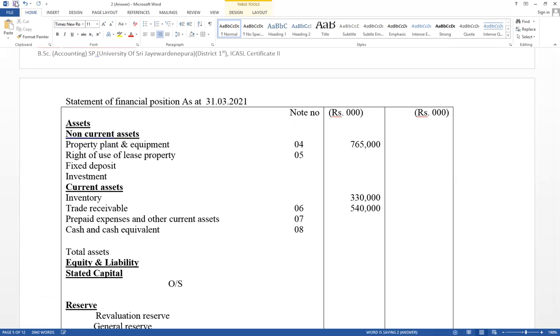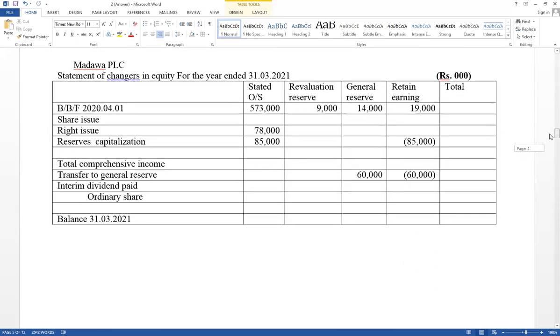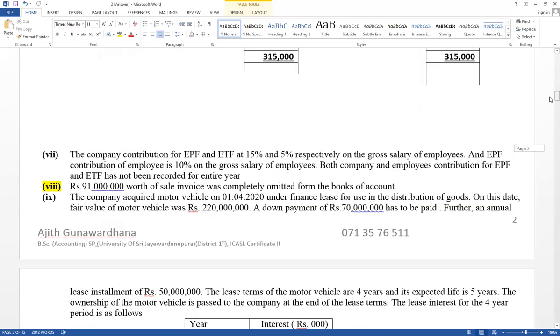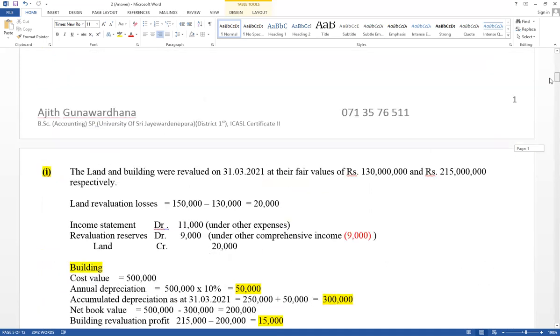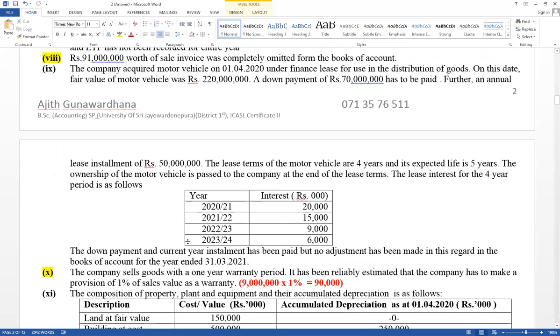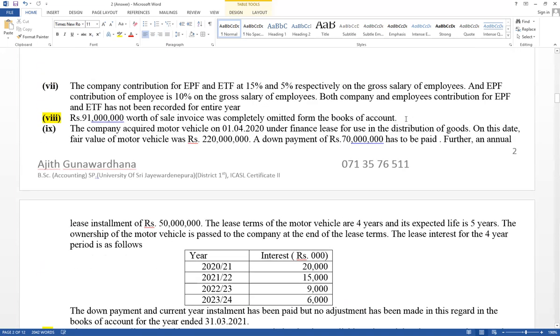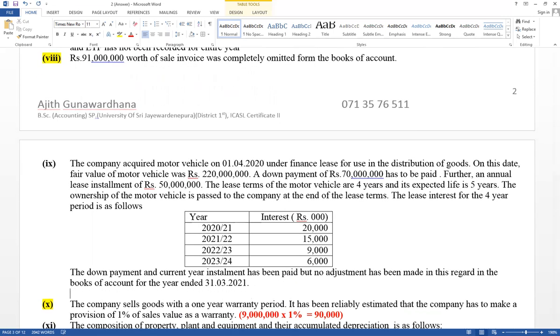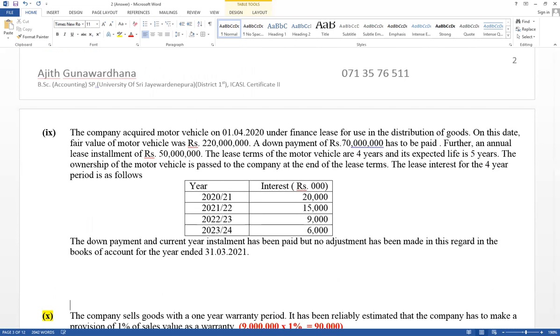Then I will discuss the leasing adjustment. After that, the EPF adjustment. Additional information should be done from the beginning. Think about the leasing adjustment; it is given in additional information number 9. The company acquired a motor vehicle on 1st April 2020 under finance lease for use in distribution of goods.